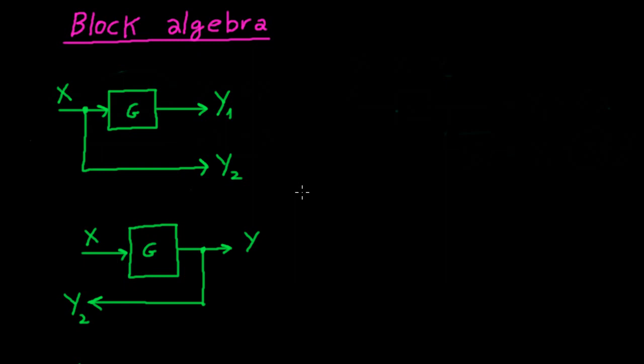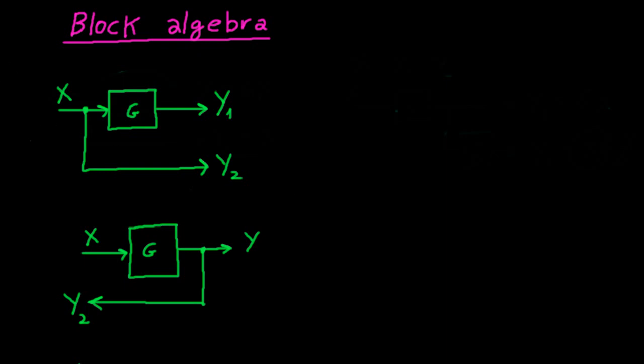So leave aside the tables and use only the golden rule of block algebra, so to speak, which is that you should have the same outputs and inputs as you had before.